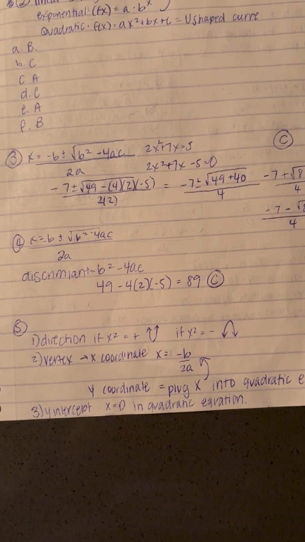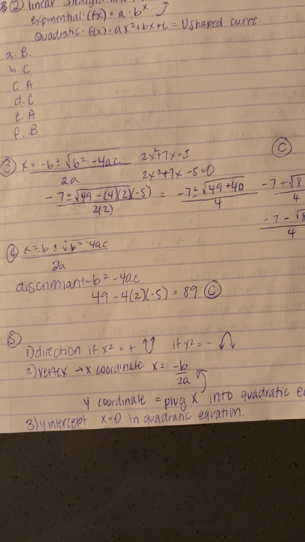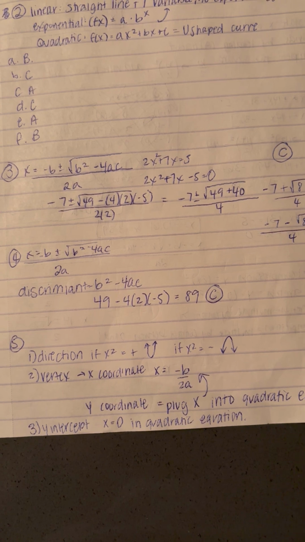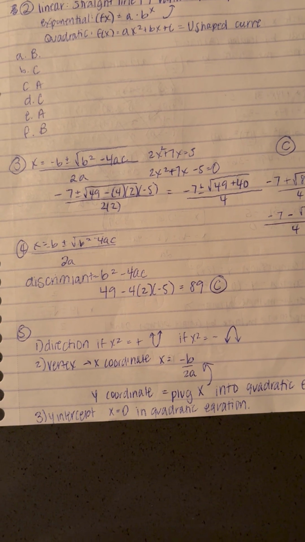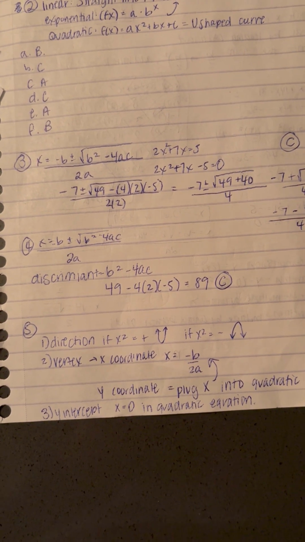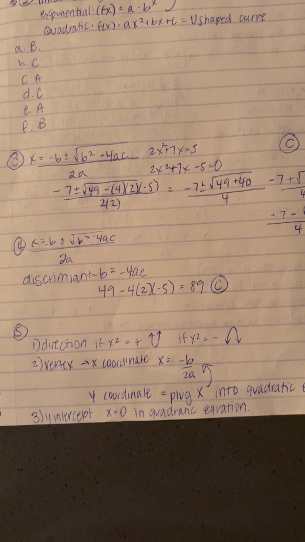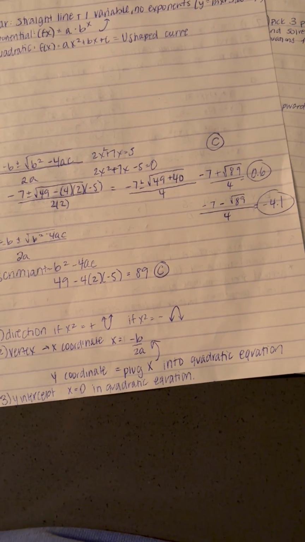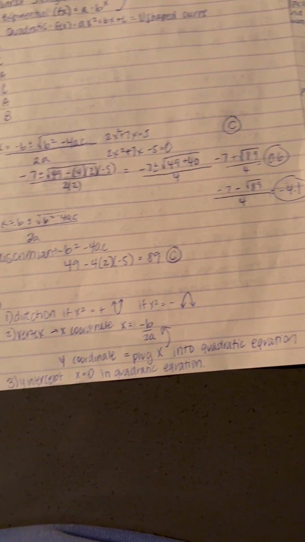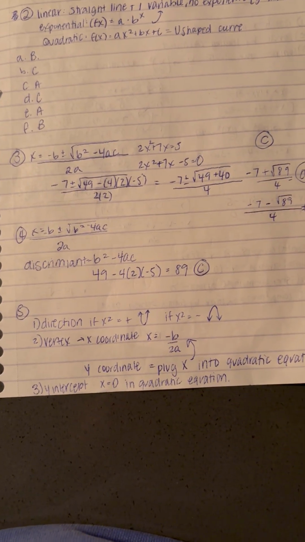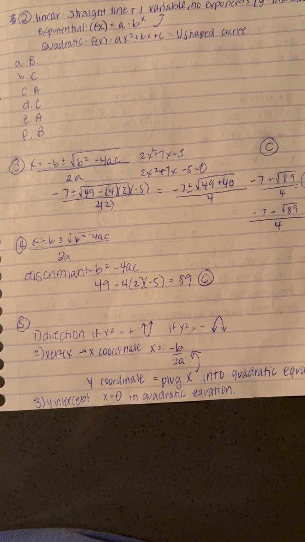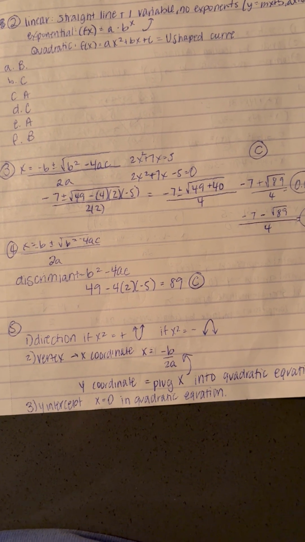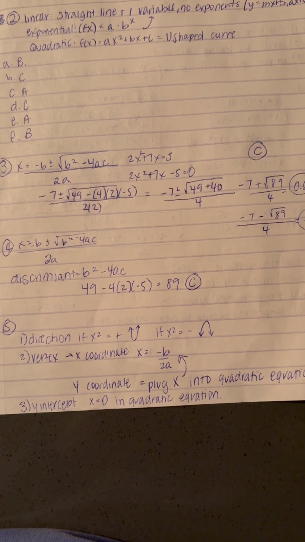That would give us the vertex, which looks like it's 4, negative 8. And then to find the y coordinate, we would plug x into the quadratic equation. And then finally, to find the y-intercept, it would be x equals 0 in the quadratic equation.